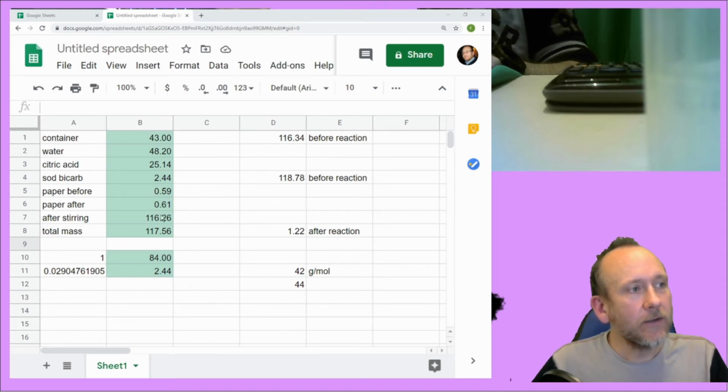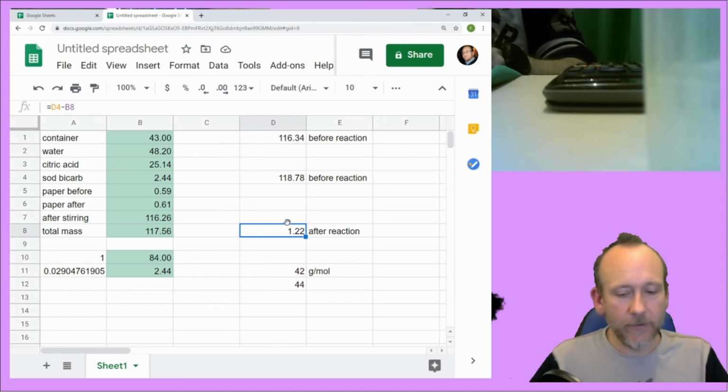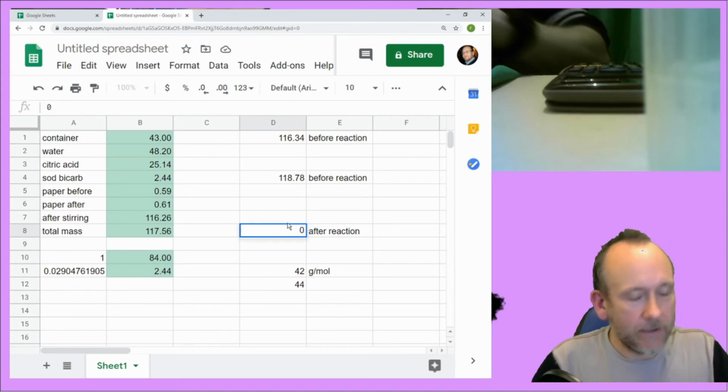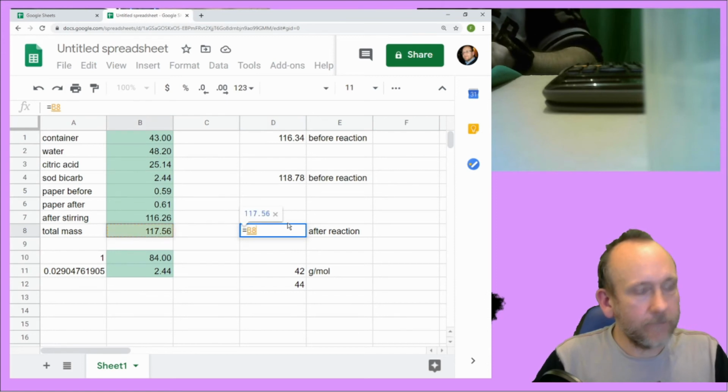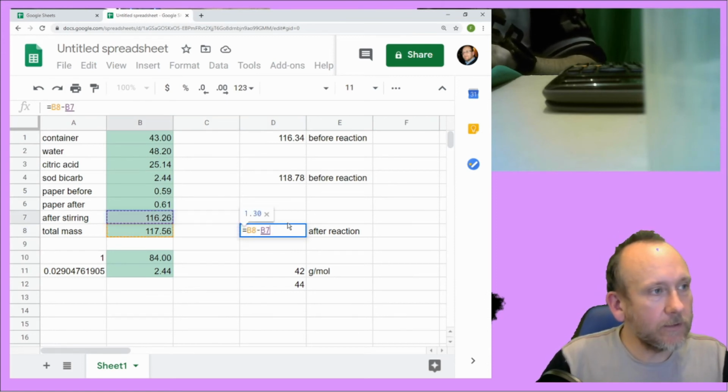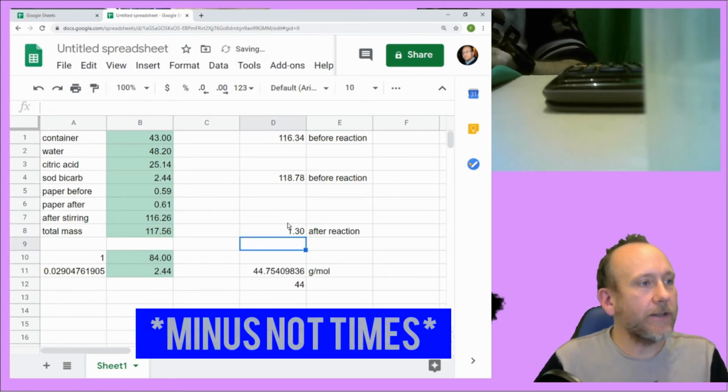But there we are. So the total mass after the experiment was 117.56. That makes a difference of 1.3.